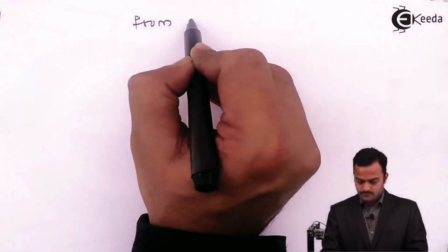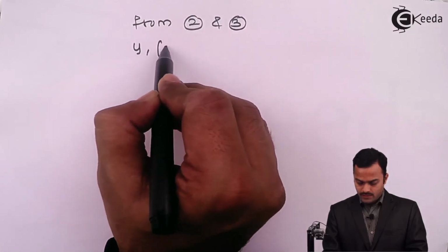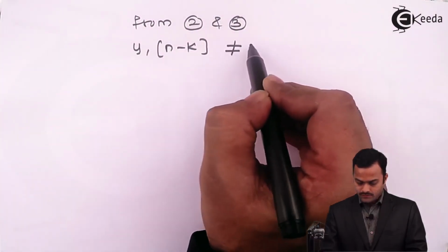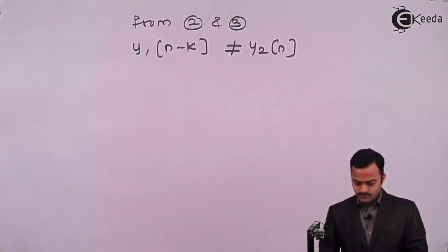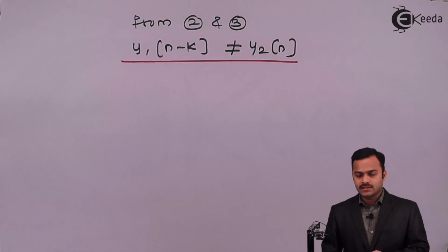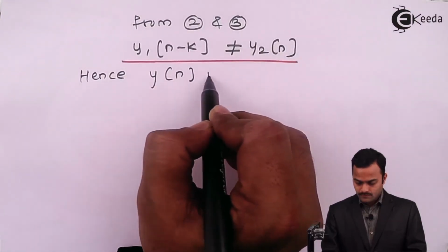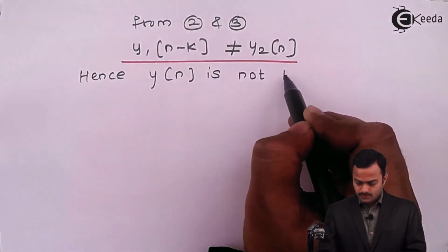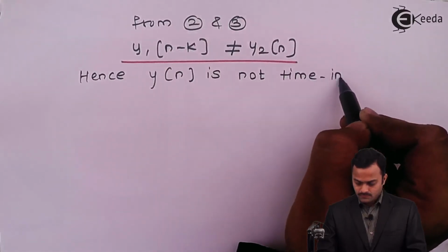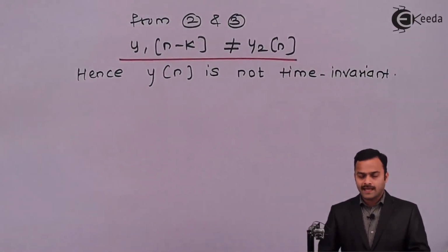So in the end, from 2 and 3, I can say y1 n minus k not equal to y2n. That means if I shift the input signal, I am not getting corresponding shift at the output side. So pertaining to this, I can say system is not time invariant. So system y of n is not a time invariant.